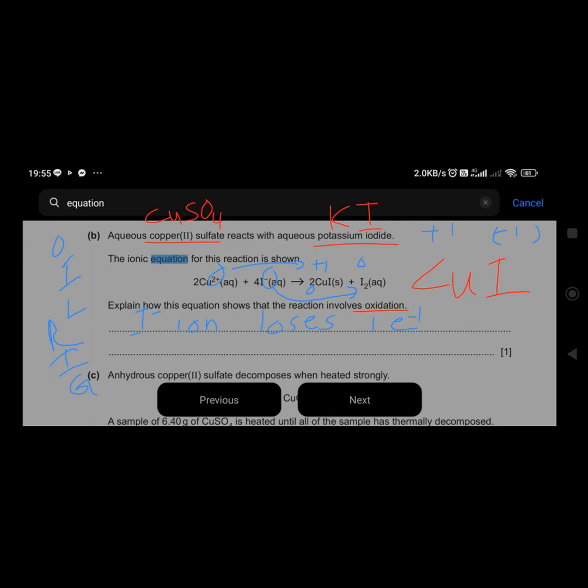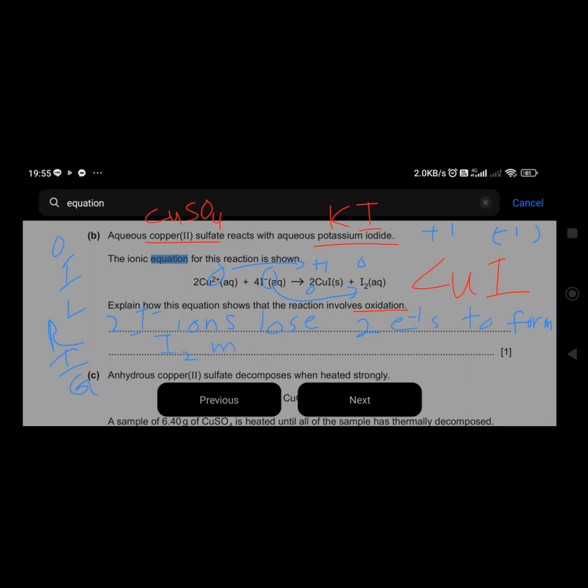Or you can take it as plural, right? 2 iodide ions. You can write like that because you're going to make an iodine molecule. 2 iodide ions lose how many electrons? 2 electrons to form iodine.